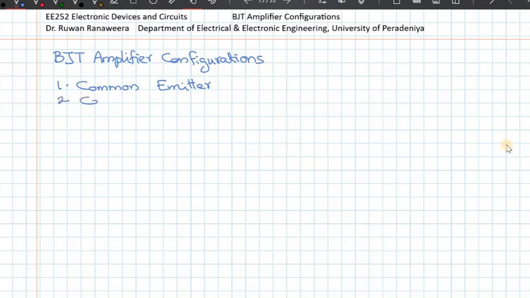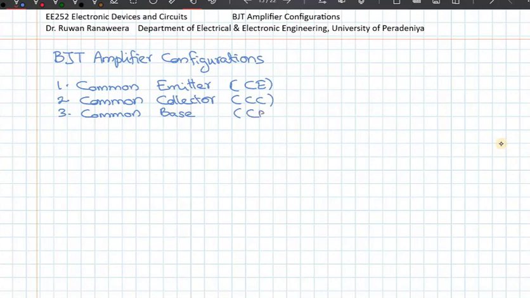Number two, common collector. Three, common base. Right? We call this common emitter CE, common collector CC, and common base CB, a shorthand notation.